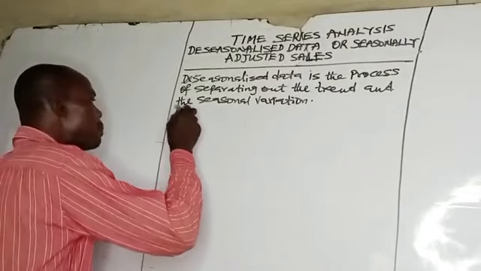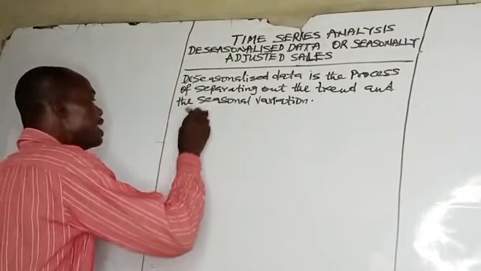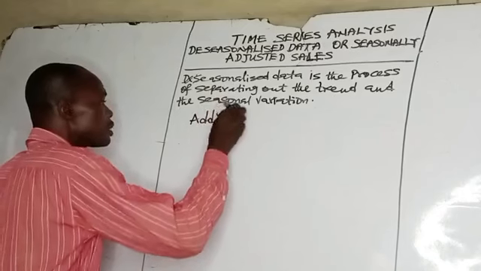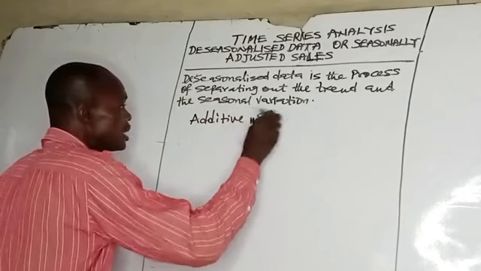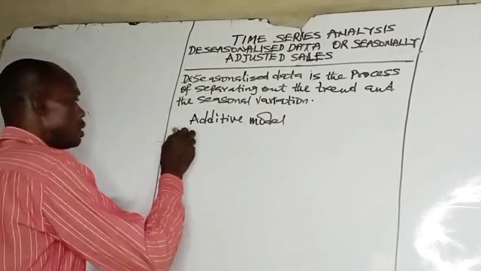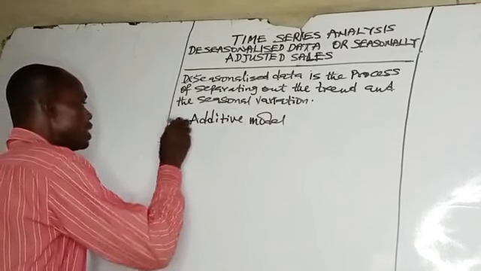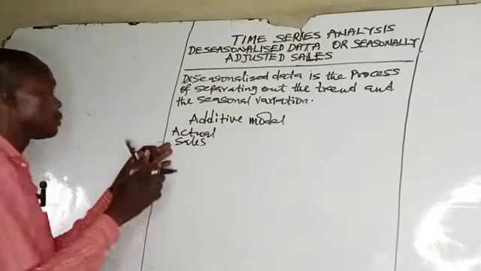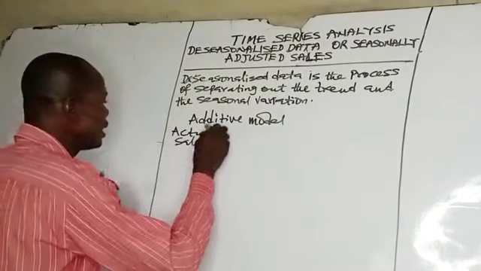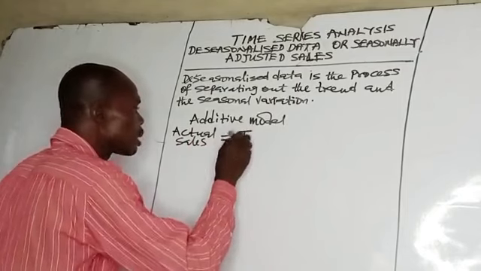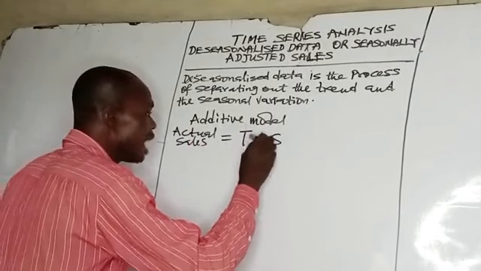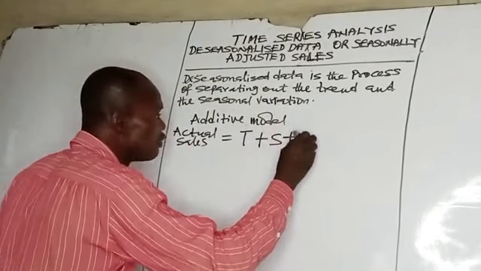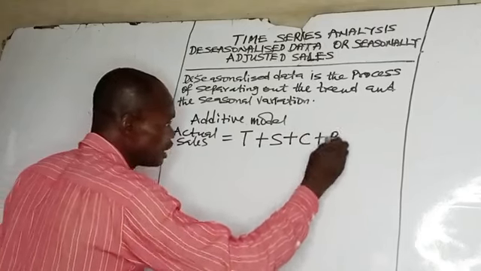I've considered two separate models. Number one model is the additive model, which says actual sales or time series data equal to trend plus seasonal variation plus cyclical variation plus random variation.